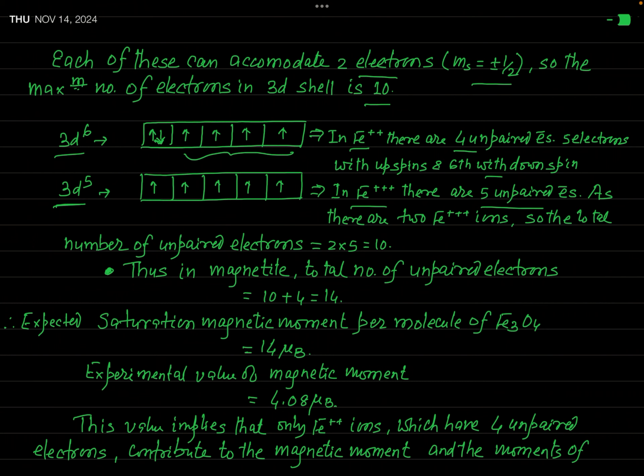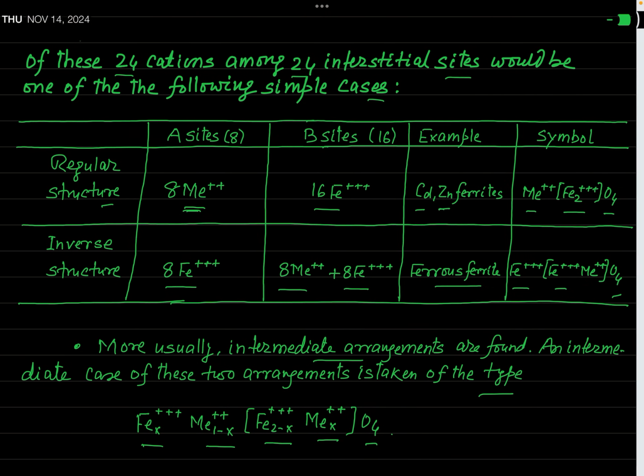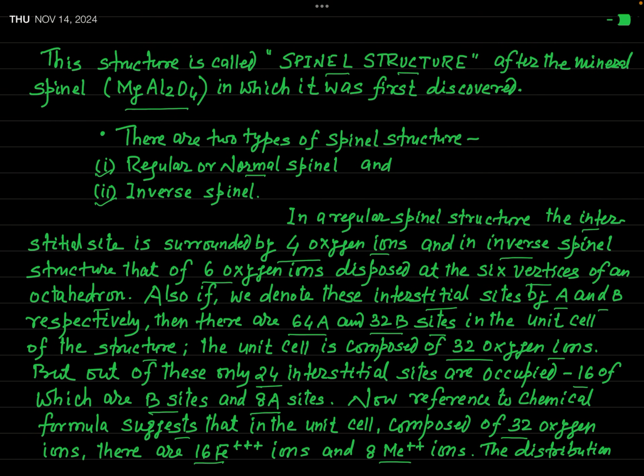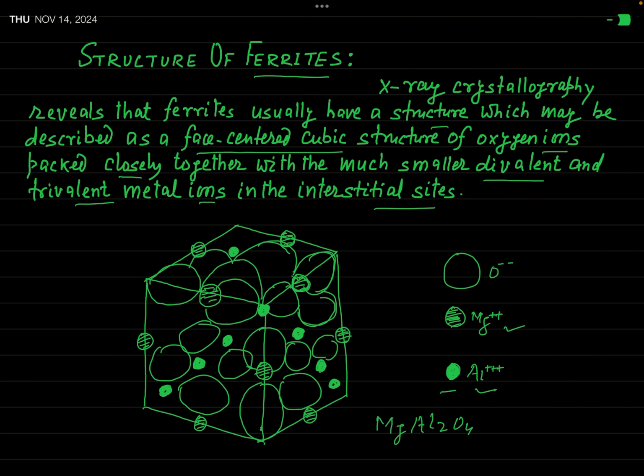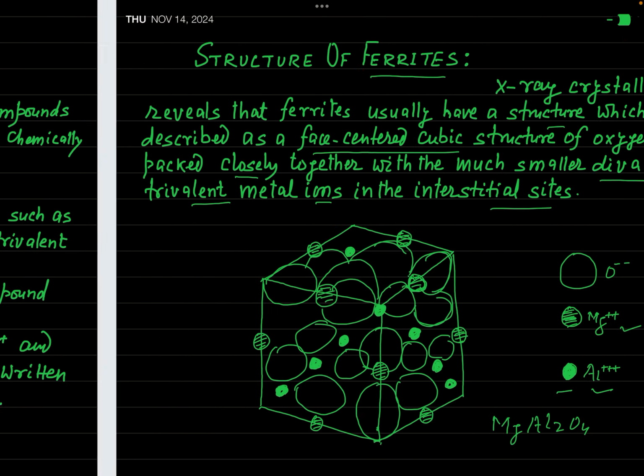But as there are 2 Fe triple plus, you know this is your formula: Fe2 triple plus and Fe double plus.